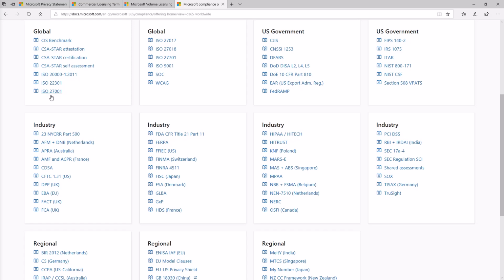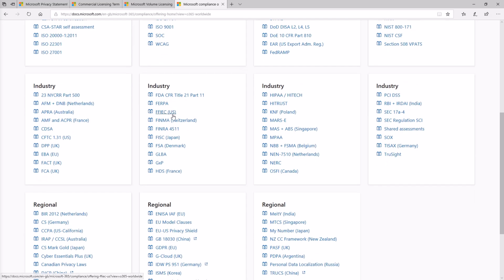We've then got the US government. So for instance, we've got Department of Defense requirements, and we've got NIST. This is the National Institute of Standards and Technology. It's, again, a non-regulatory body, but it's part of the United States. Then we've got industry standards. For example, we have got HITRUST.